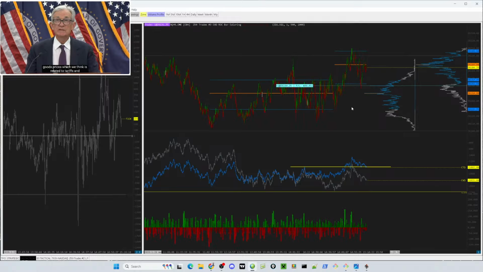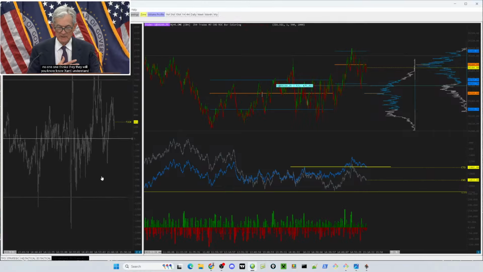In terms of timing, you asked, no one thinks they will understand really clearly ex ante precisely when this will happen. But there's an expectation that sometime in the middle quarters of the year, we'll see tariff inflation topping out.